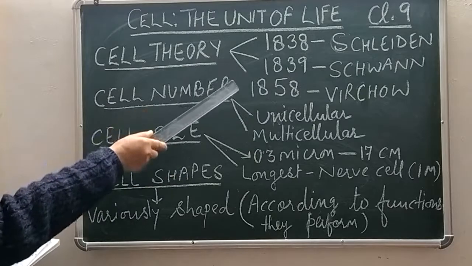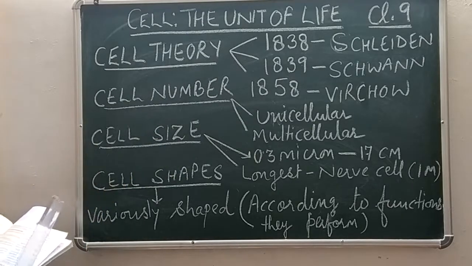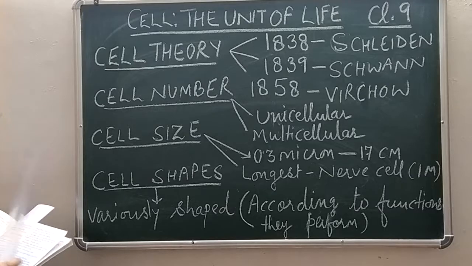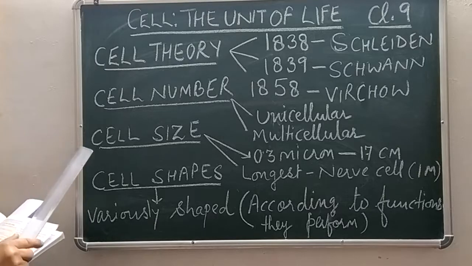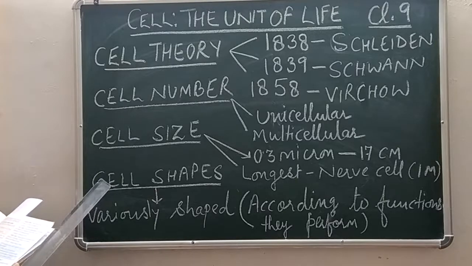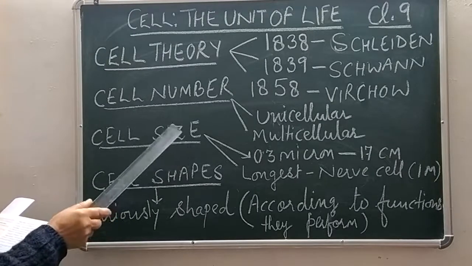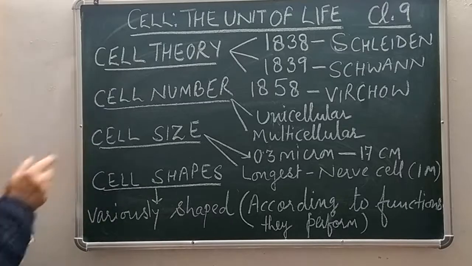Together these three scientists gave a theory which is known as cell theory. The three main points of cell theory are: number one, the cell is the smallest unit of structure of all living organisms. Second, the cell is the unit of function of all living organisms. And all cells arise from pre-existing cells only. So this is known as cell theory.